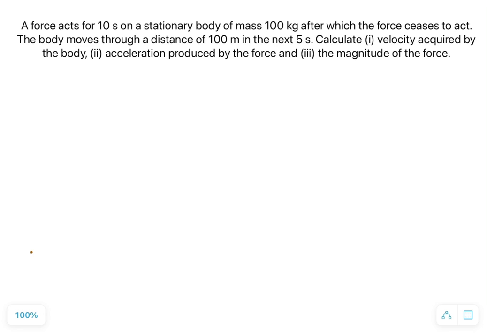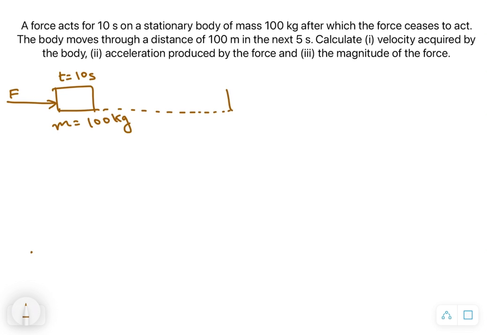Now, there is a body of mass 100 kilograms. A force is acting on this body for 10 seconds. Because of this force, body moves through a distance of 100 meters.